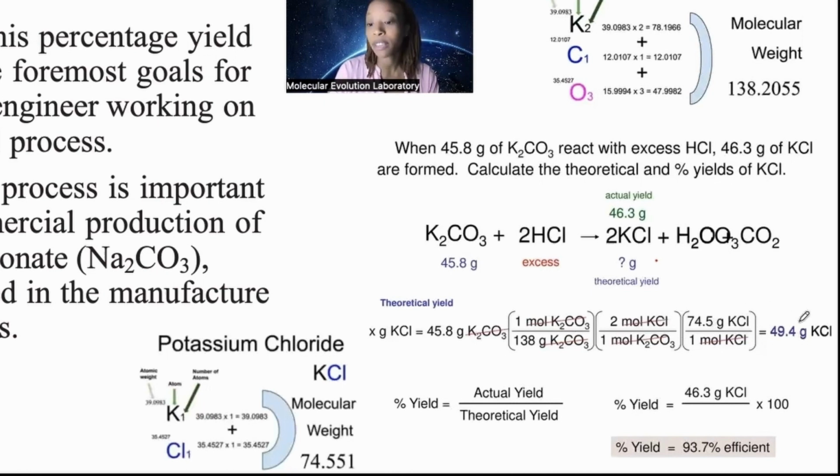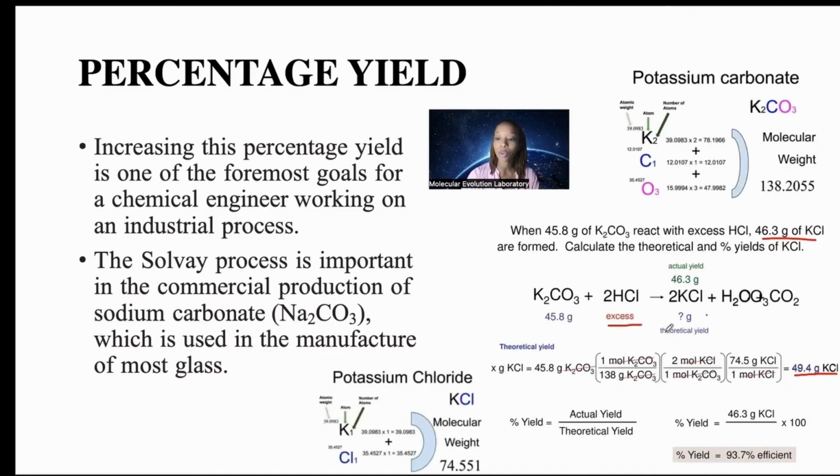So 1 mole is 74.5 grams of KCl, divided by 1 mole. So you basically get a theoretical yield of 49.4 grams of KCl. So the actual yield is 46.3 and the theoretical yield is 49.4, times 100, which basically gives you 93.7%. So here we can see we have an excess of hydrochloric acid.